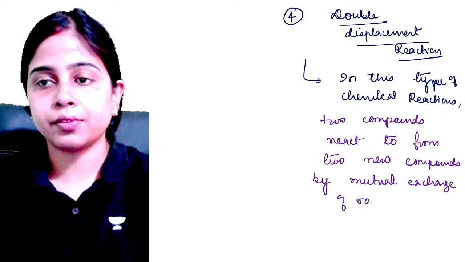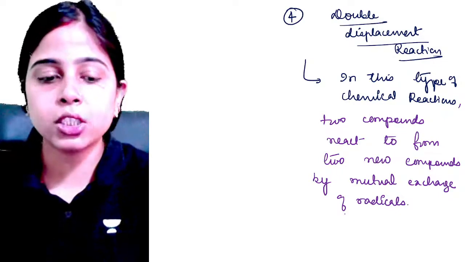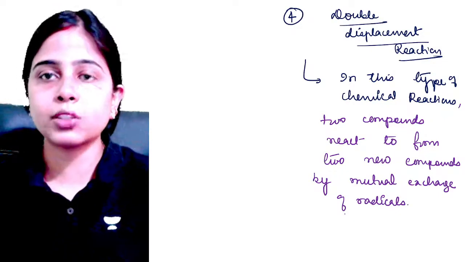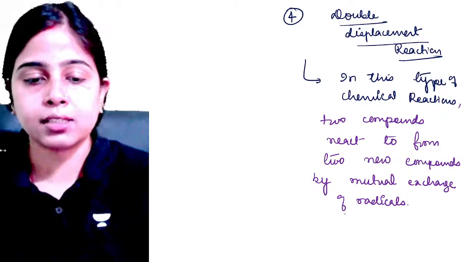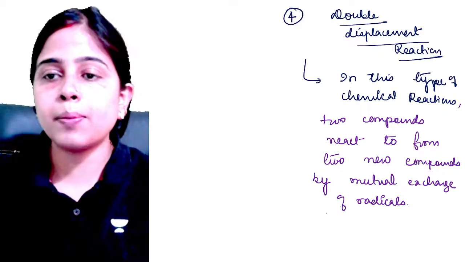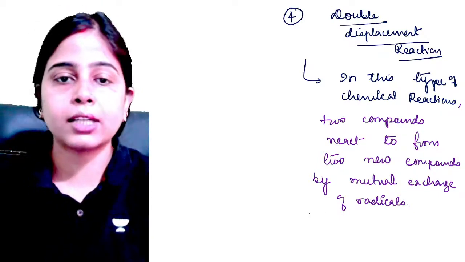So your two compounds are reacting together to form two new compounds by mutual exchange of radicals. This is known as a double displacement reaction, or you can call it a double decomposition reaction also.